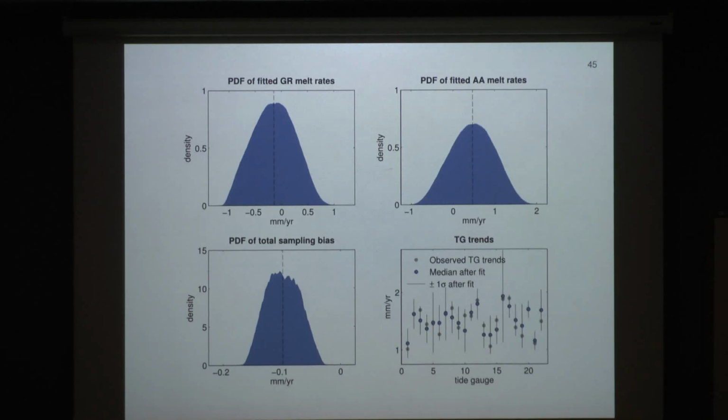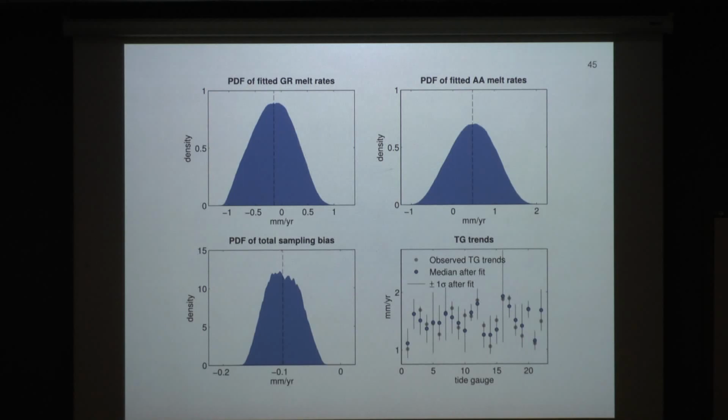But in contrast to fitting these amplitudes, if I look at the PDF of the total sampling bias, when I look at the spatial patterns or how the locations are sampling these patterns of the melt fingerprint and the steric, the sampling bias actually is fairly well constrained.